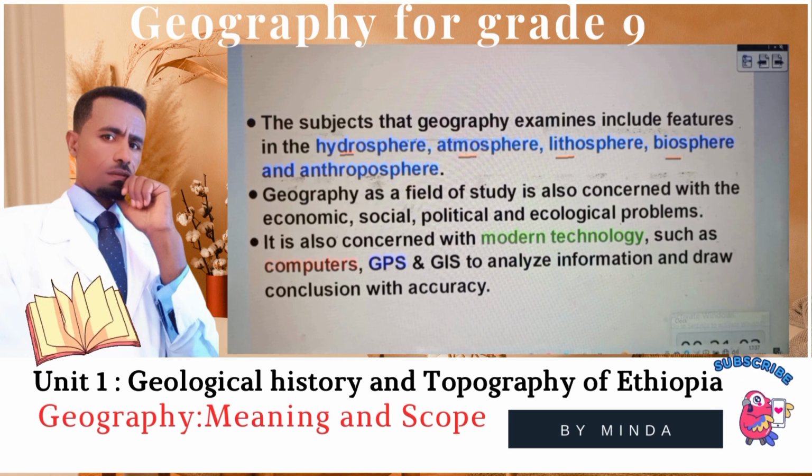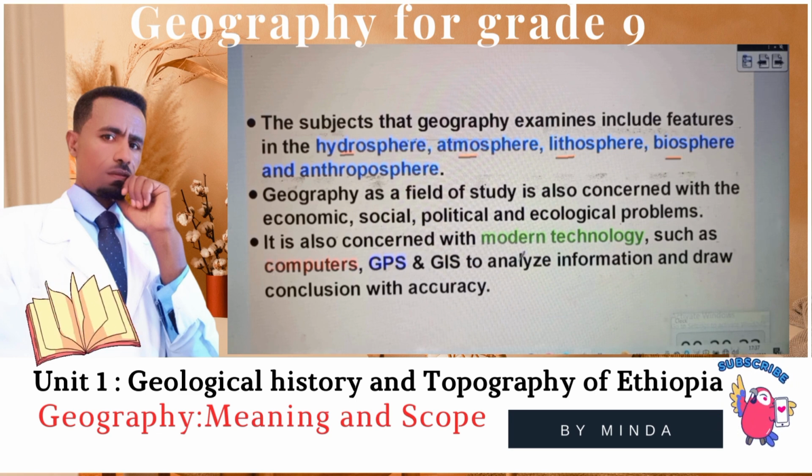Geography as a field of study is also concerned with economic, social, political, and ecological problems.